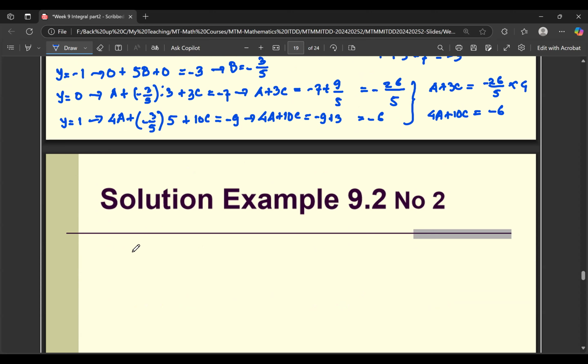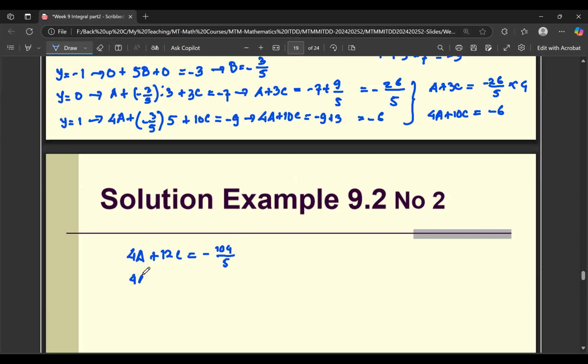In the first, we have 4A plus 12C is equal to 4 times 26, will be minus 104 over 5, isn't it?